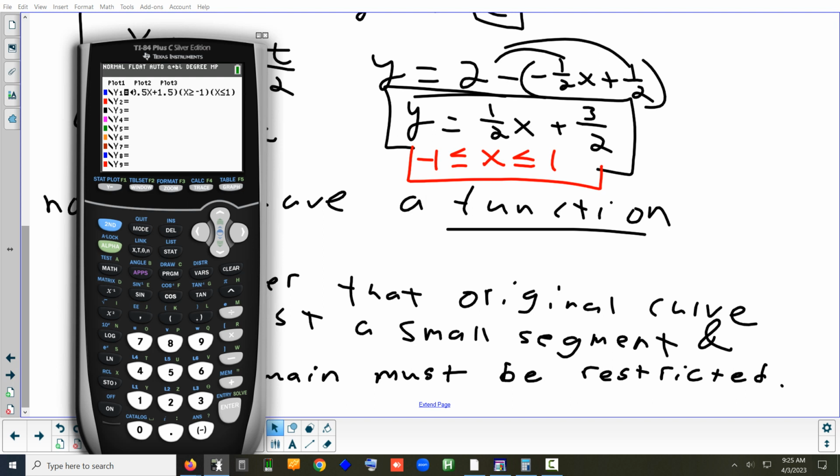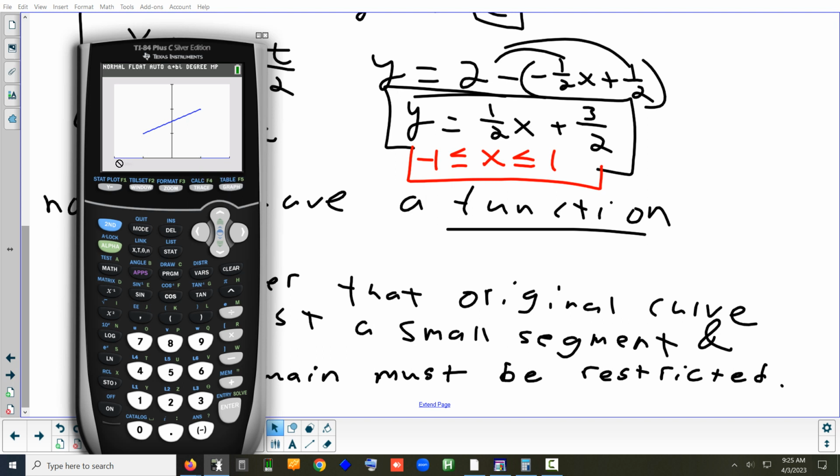Now the calculator is going to do the best it can to try to draw something that starts at -1 and stops at +1. It's still not going to be perfect, but that's as good as I can do. And you can't really tell here, but it actually is drawing on the axis, because the calculator wants to draw everywhere.